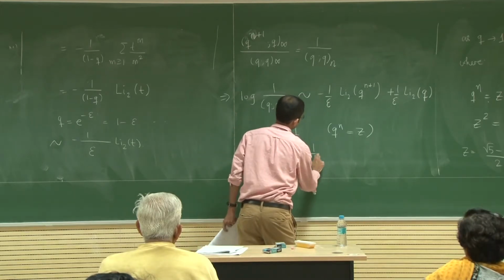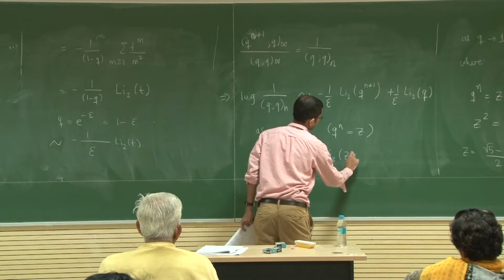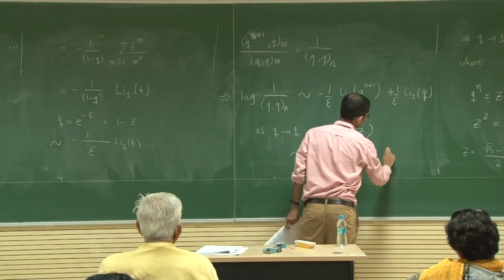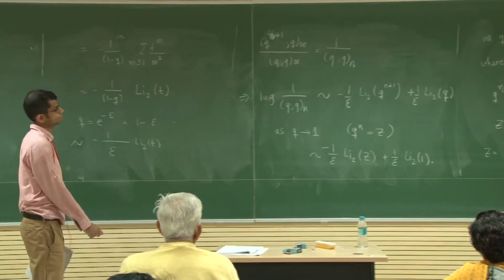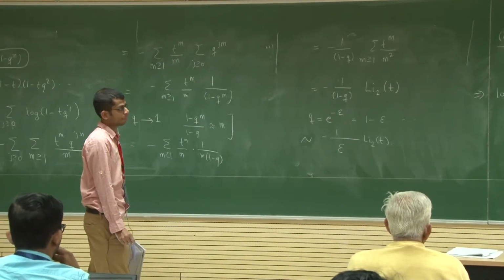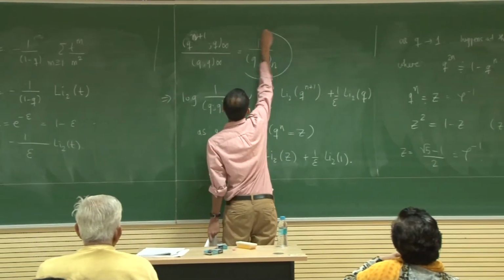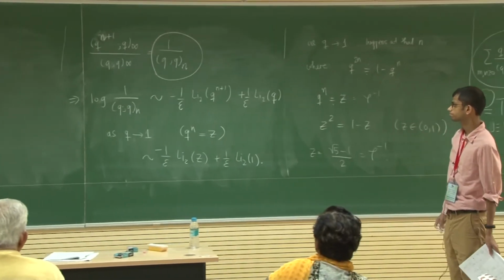So this is Li2 of z plus 1 over epsilon. Q is going to 1, so this is Li2 of 1. Okay. So now you see that Q pochhammers are asymptotic to dilogarithms.